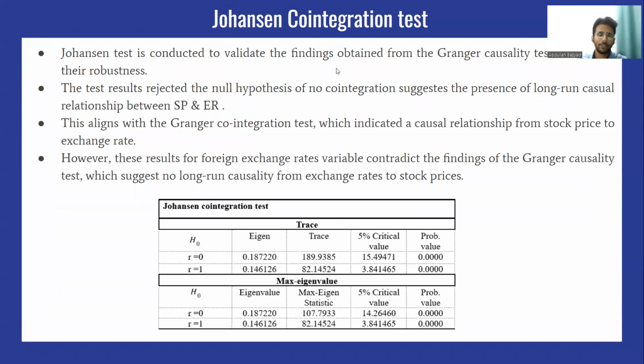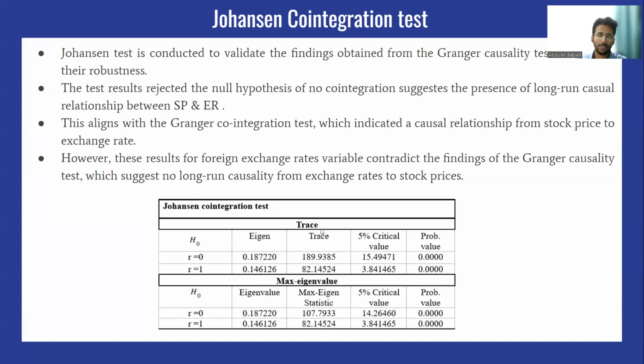After that, we conducted the Johansen test to make sure of the robustness of the Granger causality test. The test rejected the null hypothesis of no cointegration, which suggests the presence of a long-run relation between the stock price and exchange rates. Here we use the eigen and trace values. We rejected because the trace value is higher than the critical value at 5%, and also the max eigenvalue is greater than the critical value at 5%.